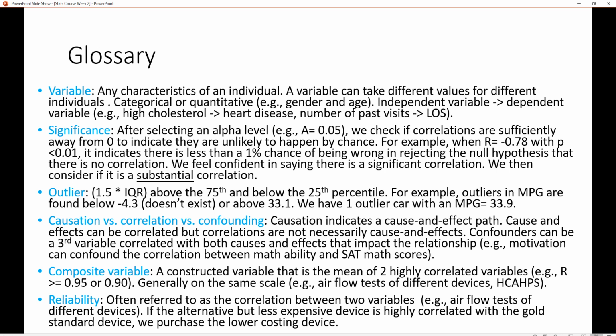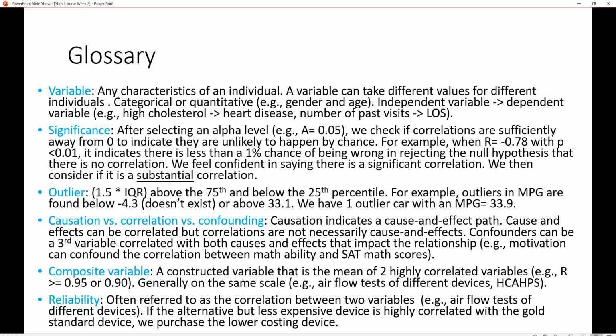For example, when the correlation coefficient R equals negative 0.78 with a p-value less than 0.01, it indicates that there is less than a 1% chance of being wrong in rejecting the null hypothesis, that there is no correlation. We feel confident in saying there is a significant correlation. We then consider if it is a substantial correlation. So significance gives us an idea about the chances of us being wrong in what we are saying.